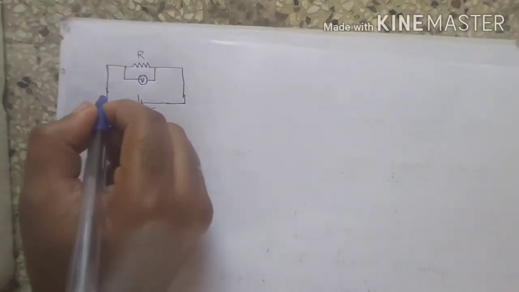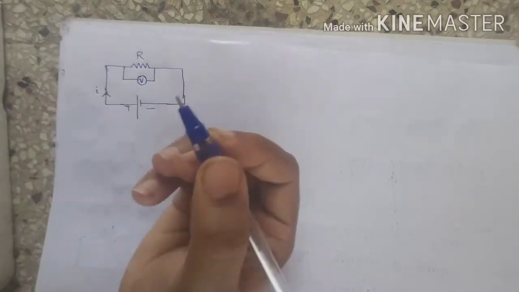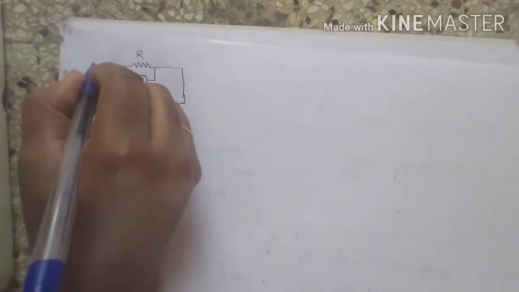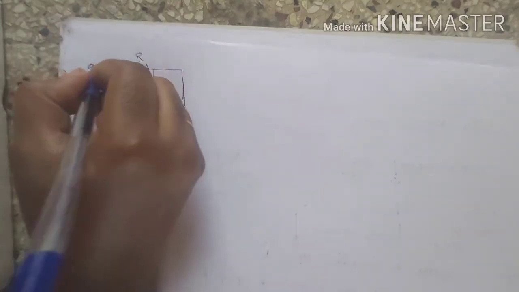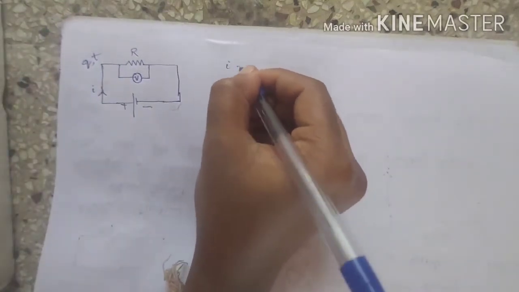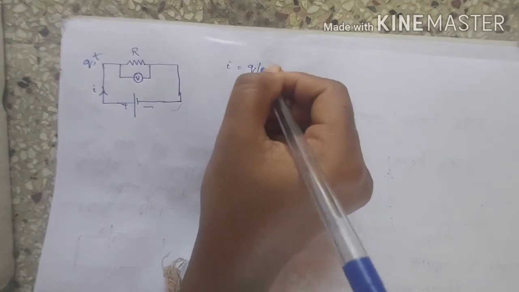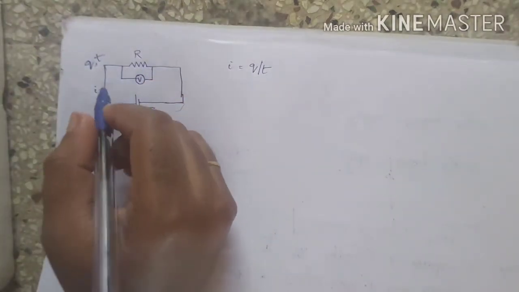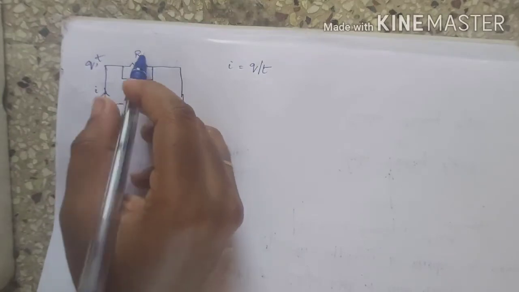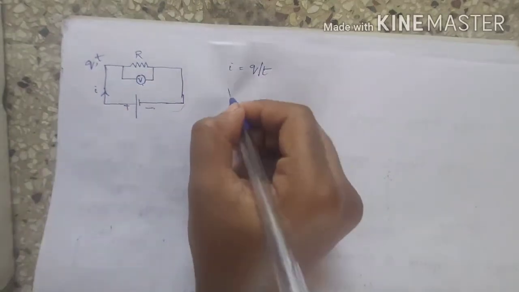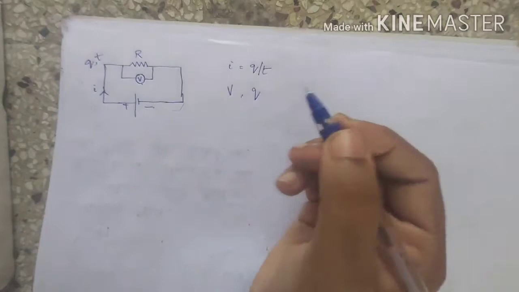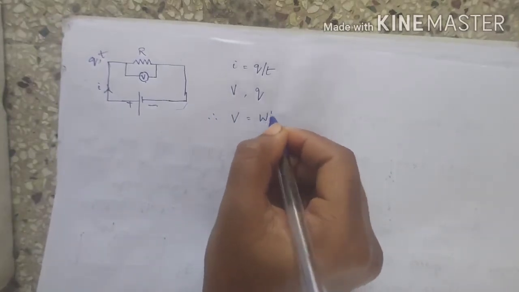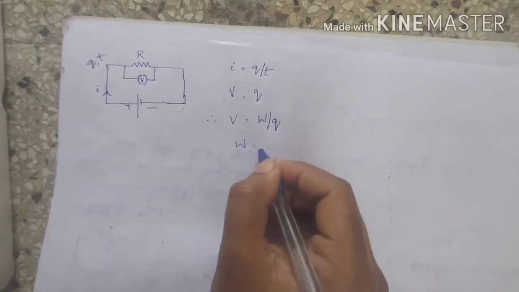From positive to negative, I have a current I passing across the circuit, taking a charge Q in a time T. So I is equal to Q by T. Since the voltmeter is connected in parallel, the resistance will have the same voltage V. According to the potential difference formula, V is equal to W by Q, so W is equal to VQ.